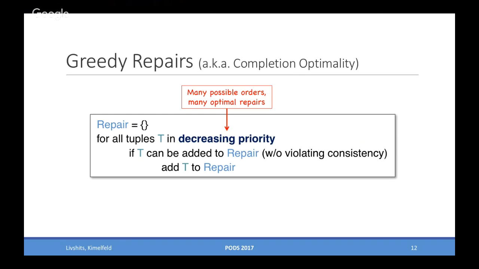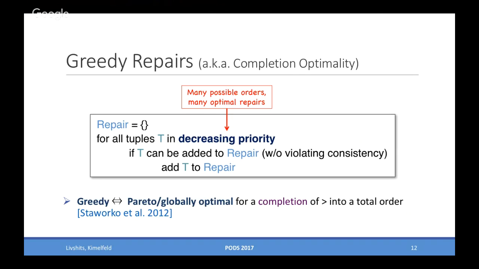Note that there can be many possible decreasing priority orders, and for each such order the final result may be different. So all of the possible results of this algorithm are precisely the greedy repairs. They're also called completion optimal repairs because there is an equivalent definition for greedy repairs based on a completion of the preference relation into a total order between conflicting facts, but I'll skip that definition because we will not use it.